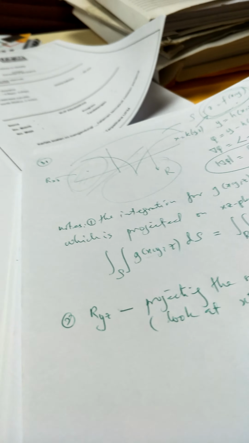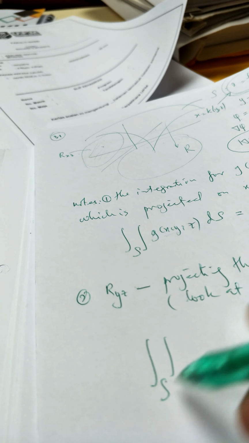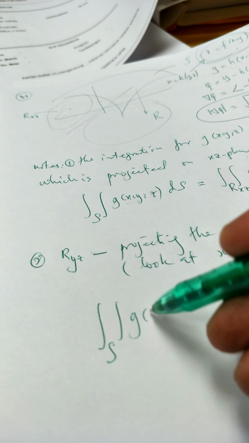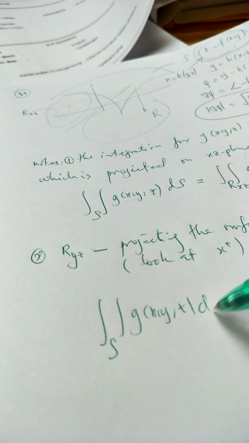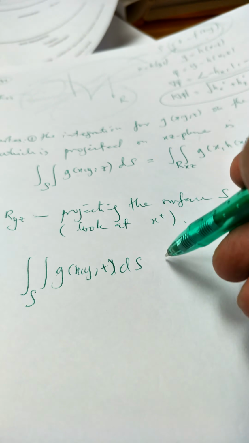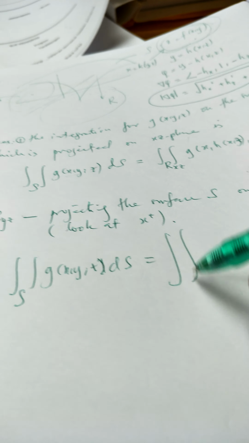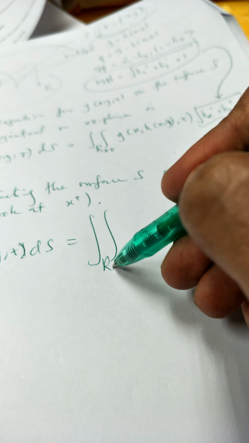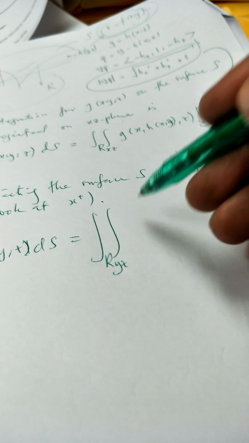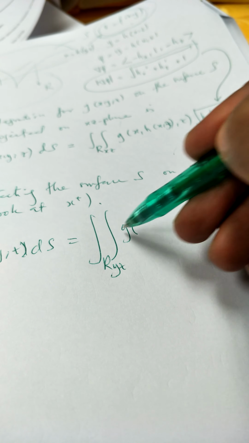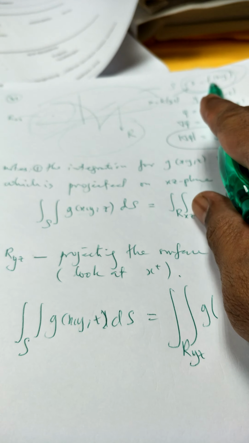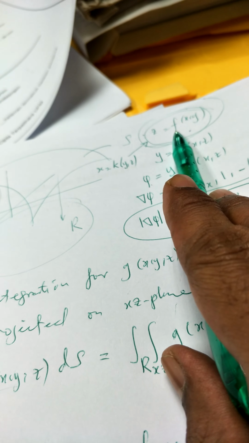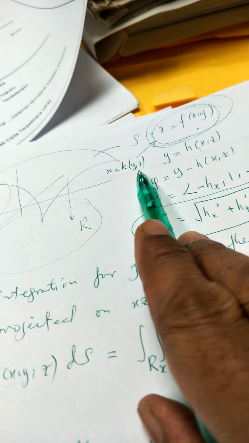So our integral of g(x,y,z) dS will give you the integral over R_yz of g, where x we have written as a function of y and z.